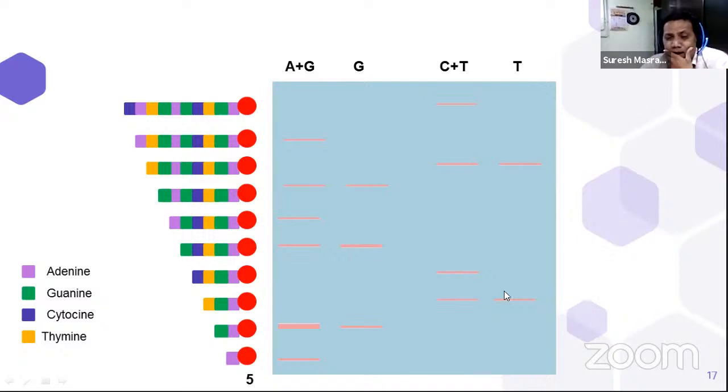Similarly, here in the third lane also we observe a band, in the fourth lane also we observe a band. It indicates that the standard DNA fragment must have cytosine.